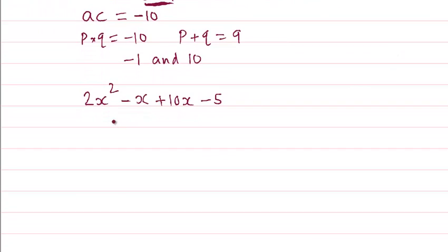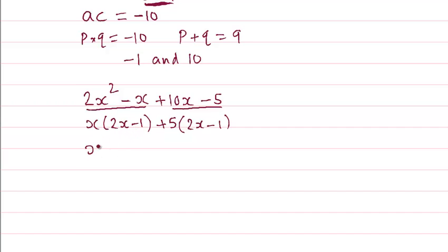Now we're going to factorize the first two terms, so x is a common factor, and we have in a bracket 2x minus 1. Then we look at the next two terms. The common factor is 5, and inside the bracket we were left with 2x minus 1. Now both these brackets are the same, so therefore that basically is a common factor.